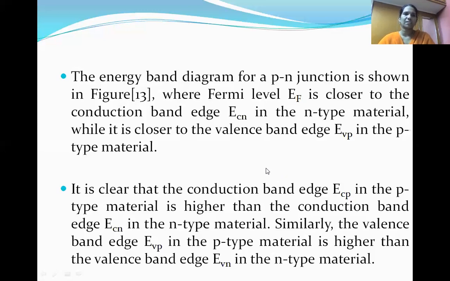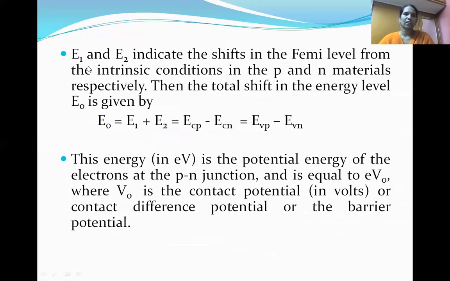Now, to equalize these Fermi levels, they must undergo a relative shift. Here E1 and E2 indicate the shift in the Fermi level from the intrinsic conditions in P and N materials respectively. Then the total shift in the energy levels is given by E0. E0 is nothing but the sum of E1 and E2, that means E1 plus E2, which is also equal to ECP minus ECN, or EVP minus EVN, which is also equal to e times V0.